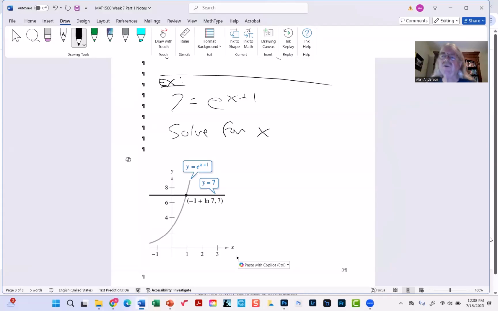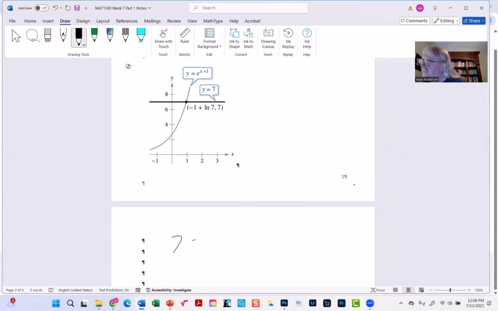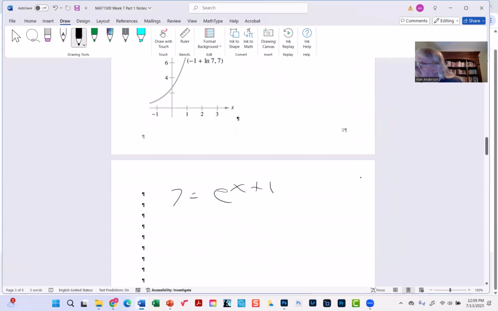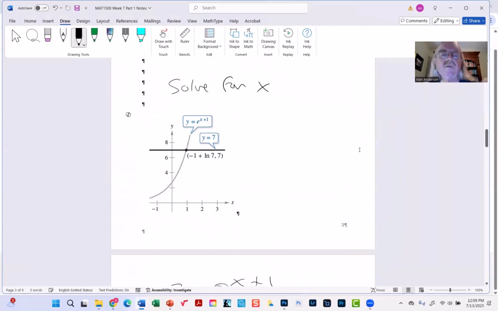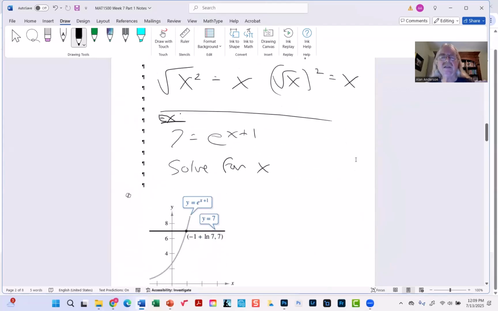We're going to take the natural log of both sides of this equation. All right, so that means if I do that, now remember, we already have this up here. Log e to the x is x.